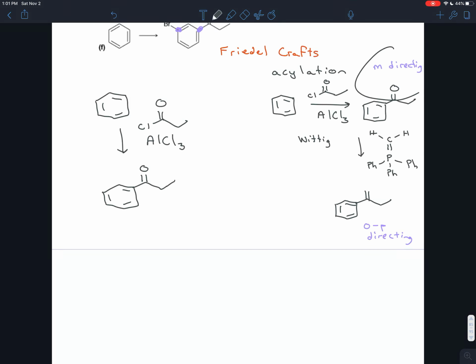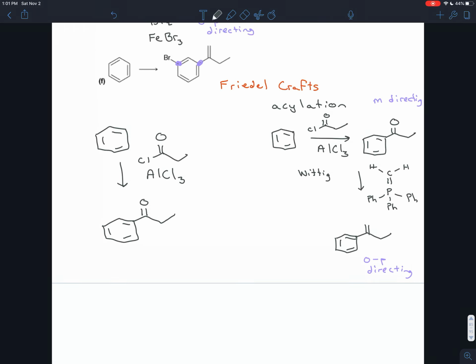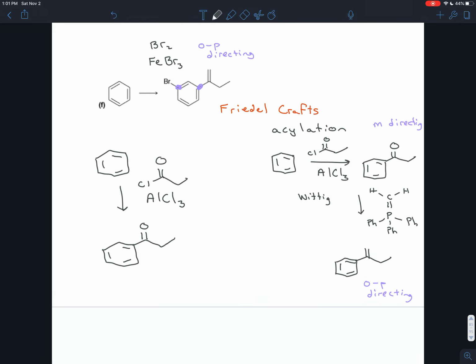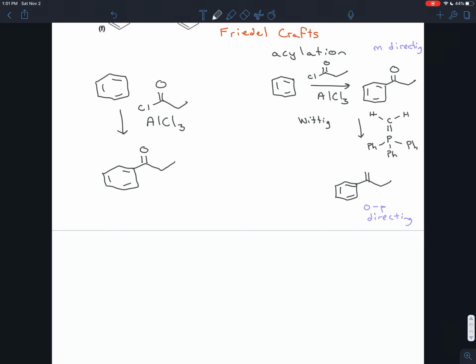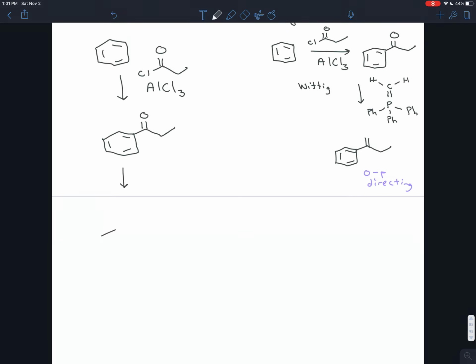Now we have a meta director. So now we're going to add the bromine, so that'll add on the meta position. So that gives us the bromine on the meta position.